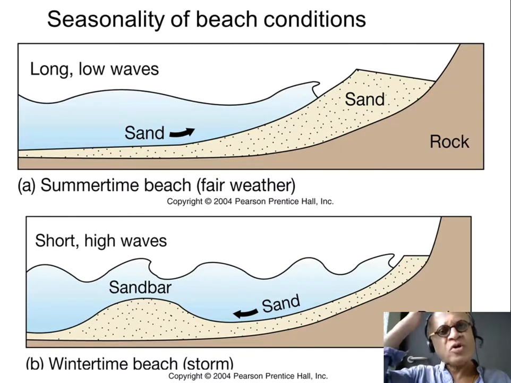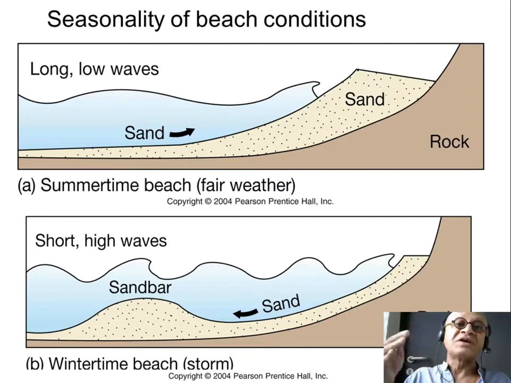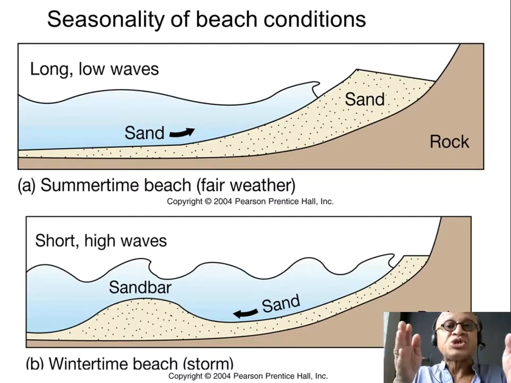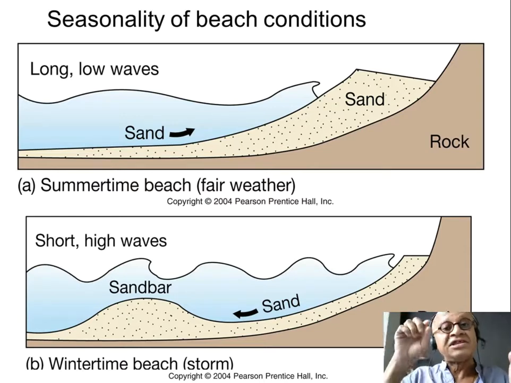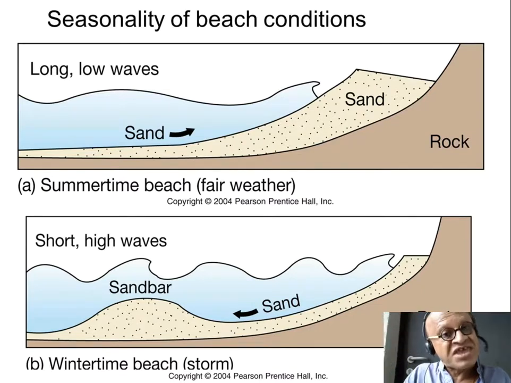Before, when we talked about the waves, we talked about the waves coming in, wavelengths getting shorter, wave height getting higher, and the steepness increasing, h over L increasing greater than 1/7, and the wave breaking, right? Now the same process we are going to think of in terms of the strength of the wave, the energy of the waves.